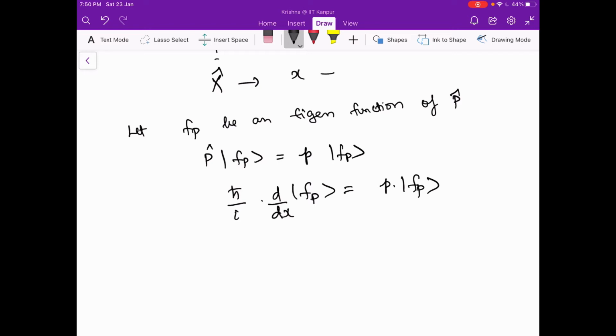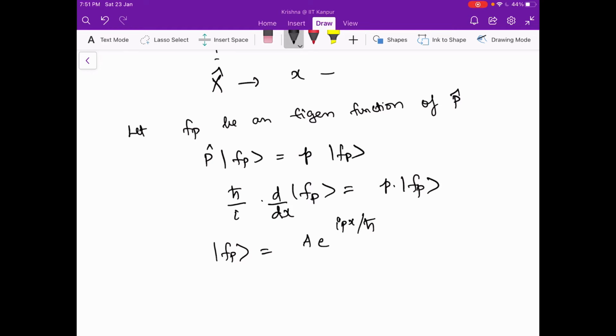So if f_p is a function, the general solution of f_p for this differential equation is going to be A e to the power i p x by h bar. So this is a first order equation, and we know the general solution to be something of this sort.